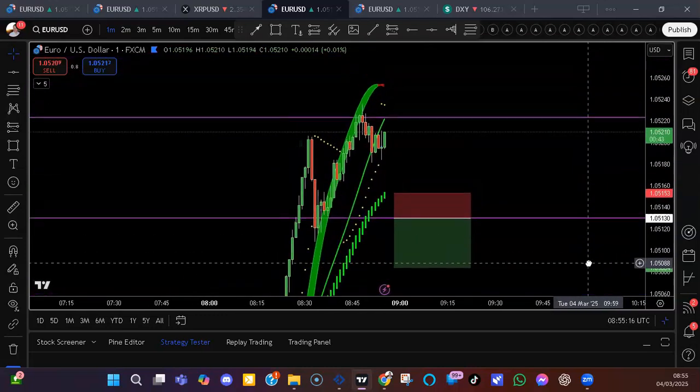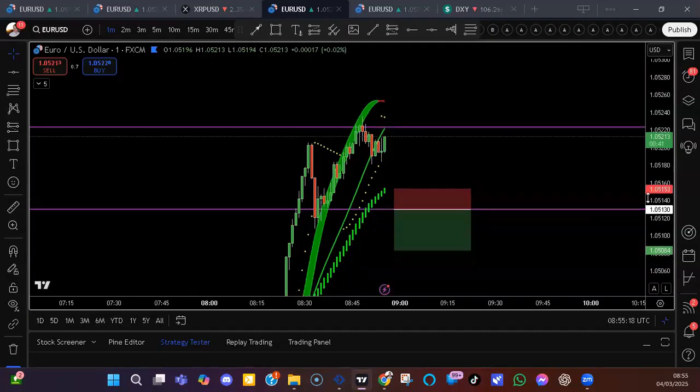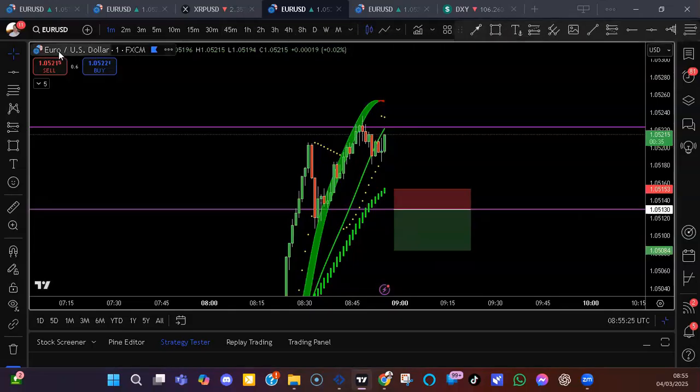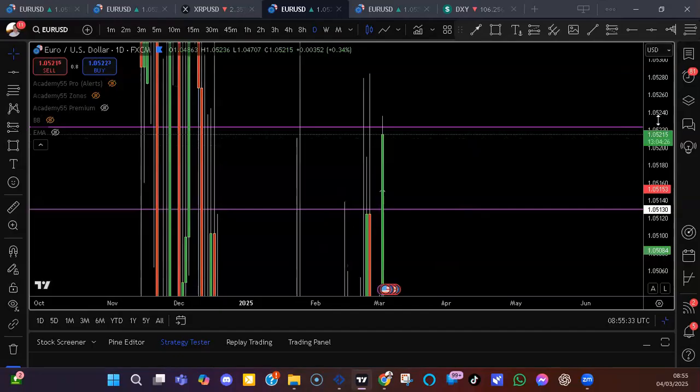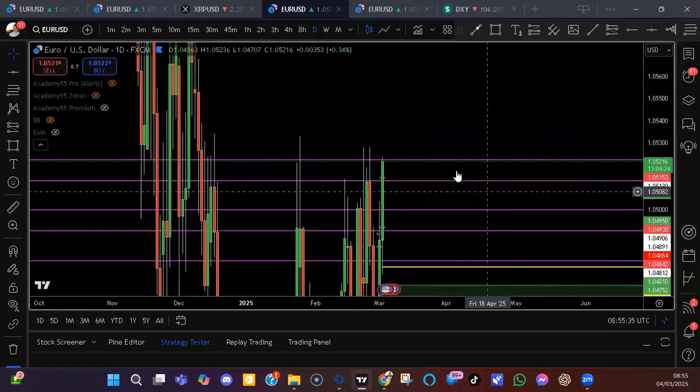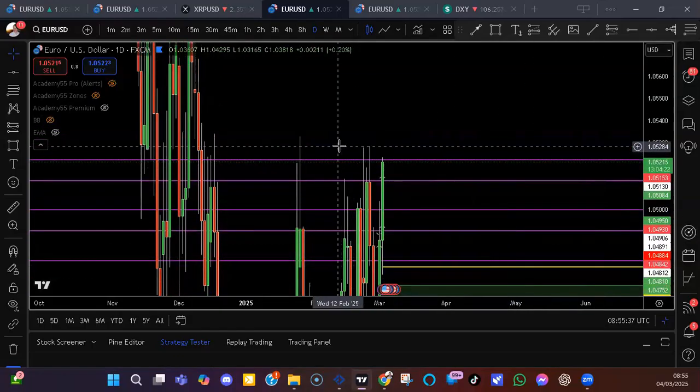But in reality, they might indeed break this line and go even higher. In which case, let's just have a quick look. We could be getting up to these levels up here.